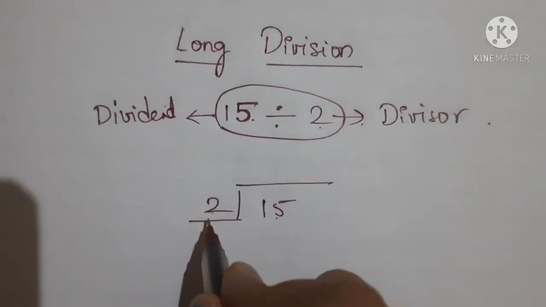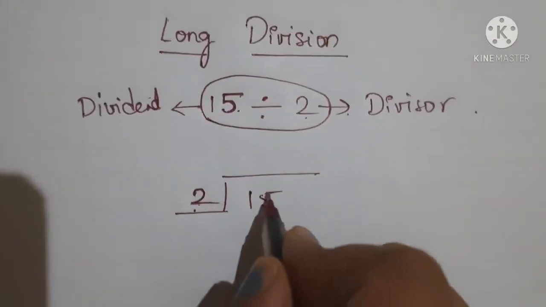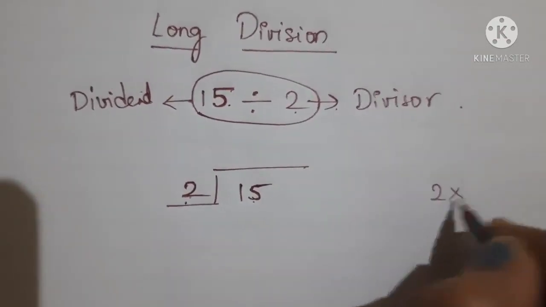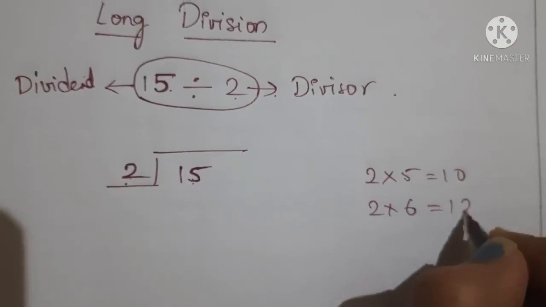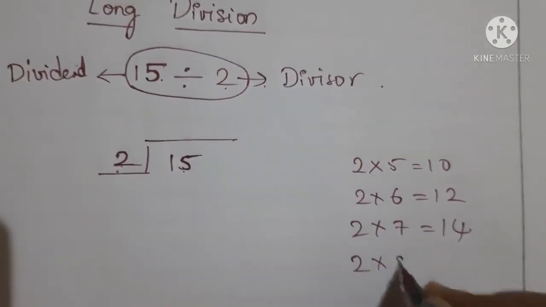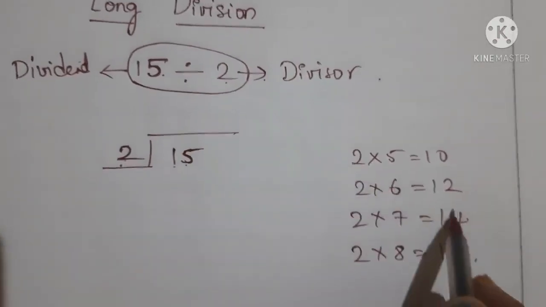Now we have to revise the 2 table here. 2 times what will we get 15? 2 5s are 10, 2 6s are 12, 2 7s are 14, 2 8s are 16. See, do we see 15 here?